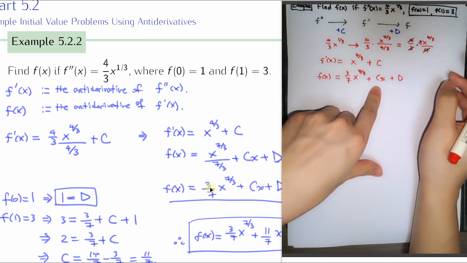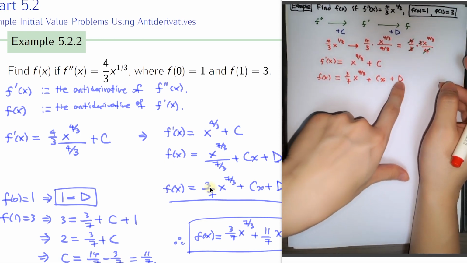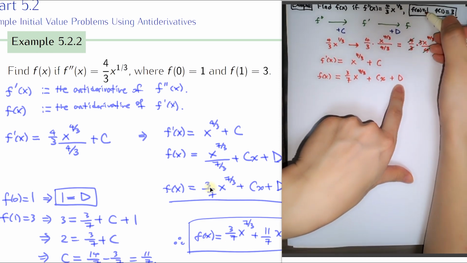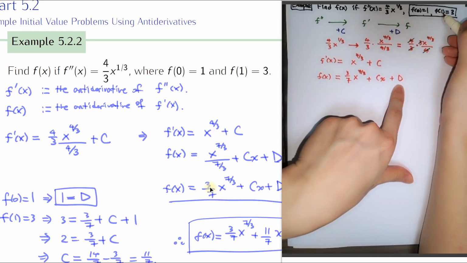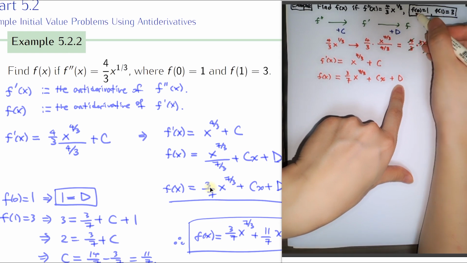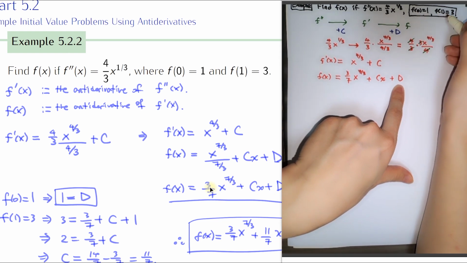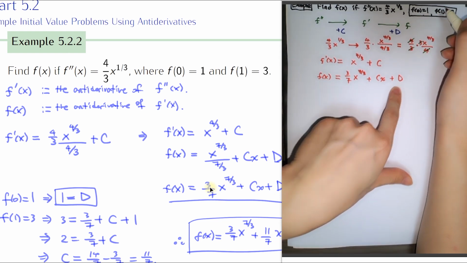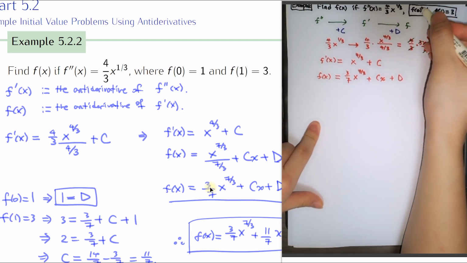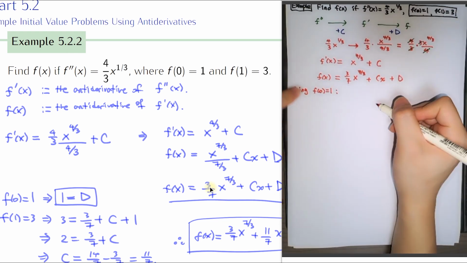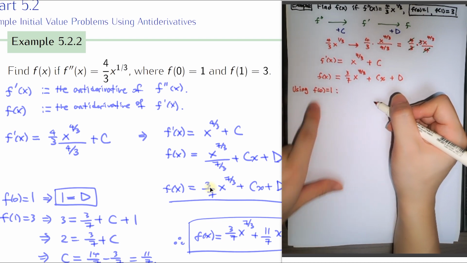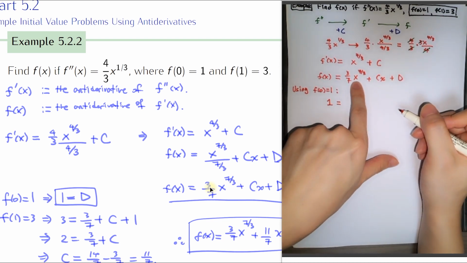Now you realize that, oh, to find these unknown variables, we need to use these initial value pieces of information. F of 0 equal to 1 is one of them. F of 1 equal to 3 is another one. So using f of 0 equal to 1, we get the y value becomes 1 here, and then the x becomes 0.